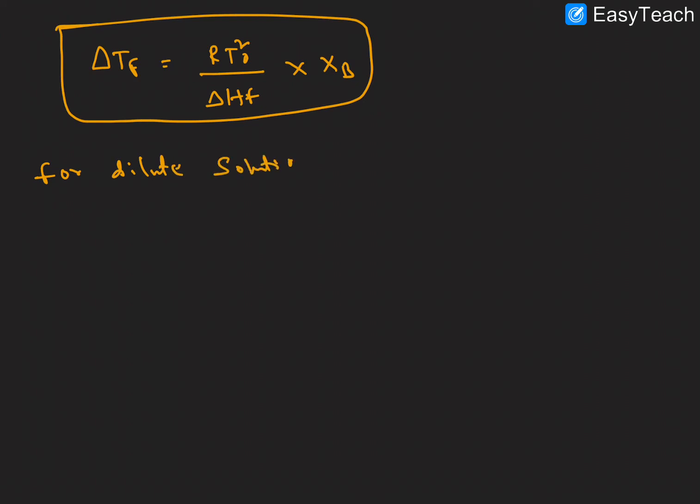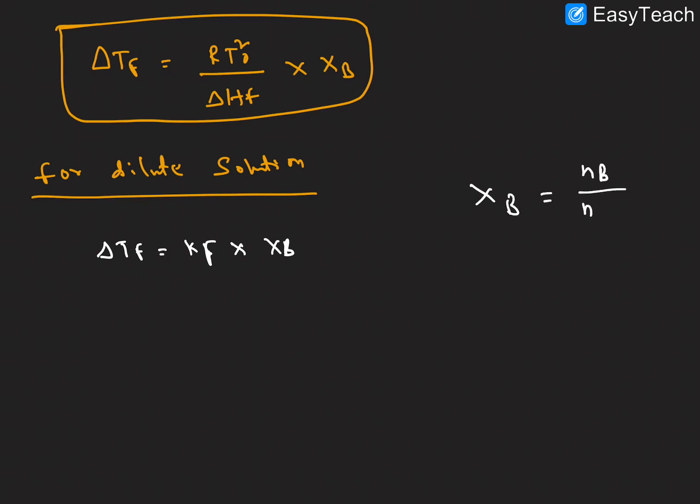For dilute solutions, delta TF is equal to KF into XB. For a dilute solution, we already know the mole fraction XB is equal to the number of moles of B by the number of moles of A plus the number of moles of B. This is the mole fraction of B. For a dilute solution, the solute term in the denominator is neglected.